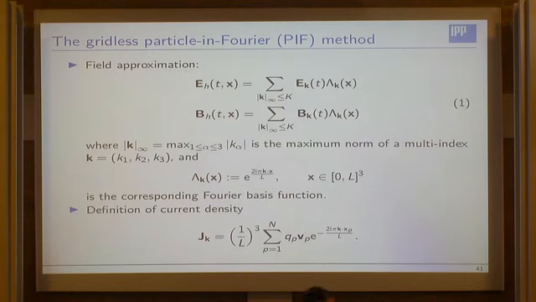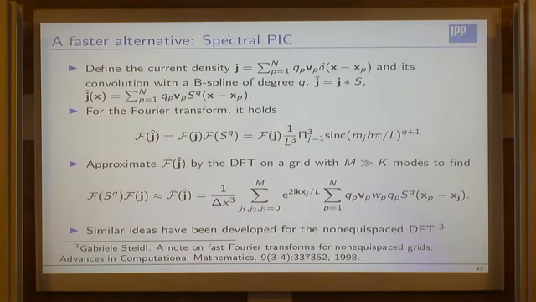So you have a global coupling. For each particle, all modes have to be evaluated. While with the splines, you had something which was local. So you just have a few splines in that area. And there we came up with something which is almost spectral, but local.